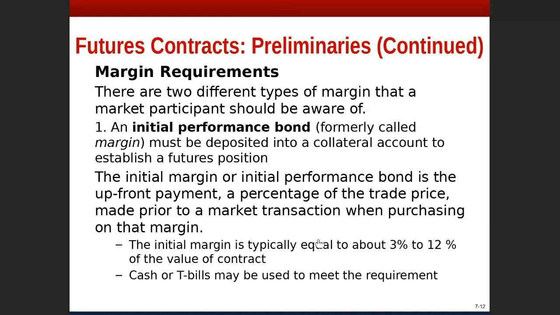The initial margin is typically equal to about 3 to 12% of the value of the contract, and you can satisfy this requirement by putting up either cash or treasury obligations.